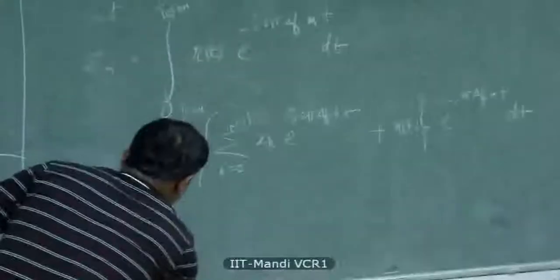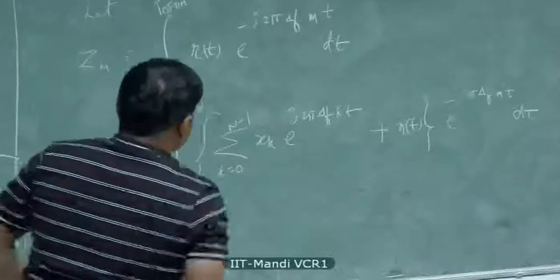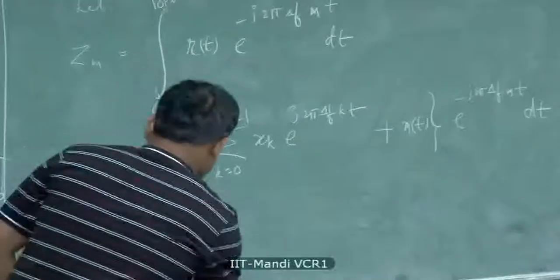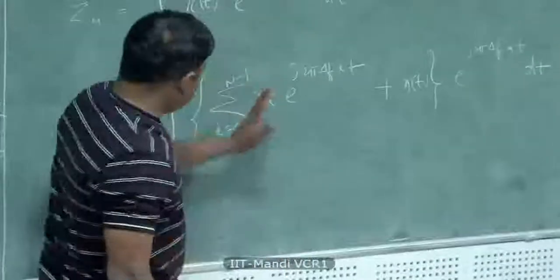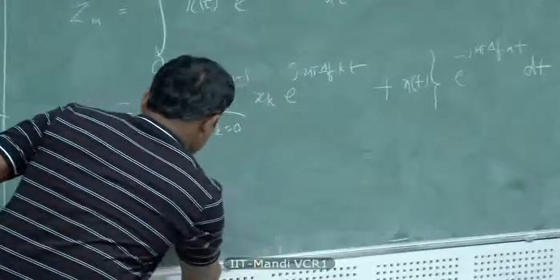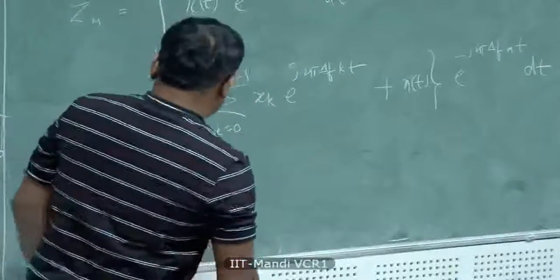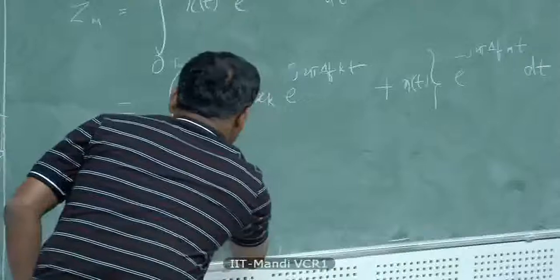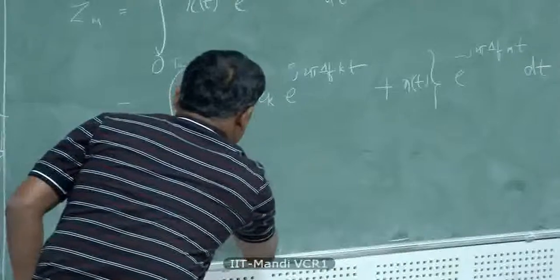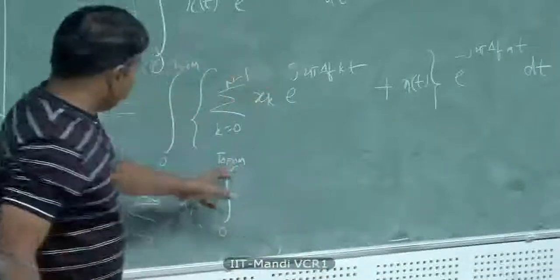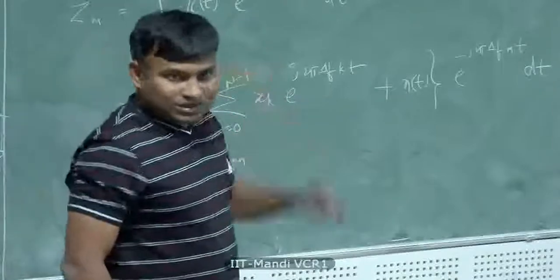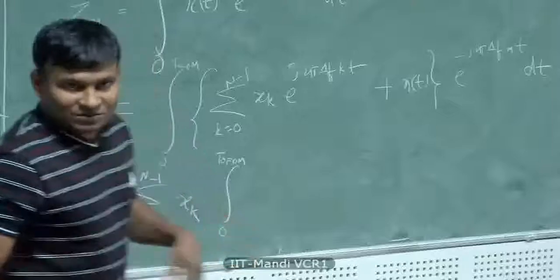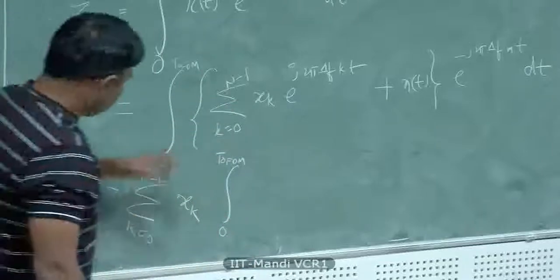summation k equal to 0 to n minus 1, and we'll take this integral inside, x of k we'll keep here, integral 0 to T OFDM. You can always drop OFDM and call it T, but this T is sometimes used in different systems to mean something else, so just to make it different, I give T OFDM.